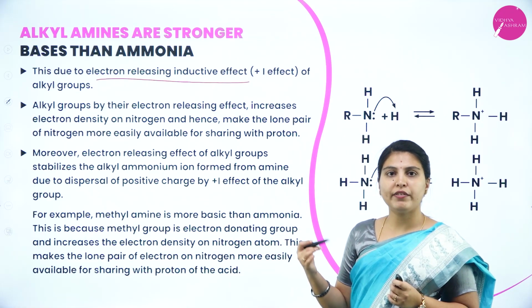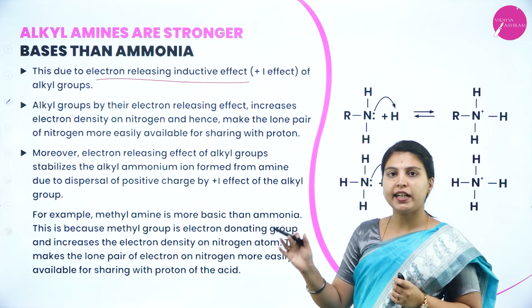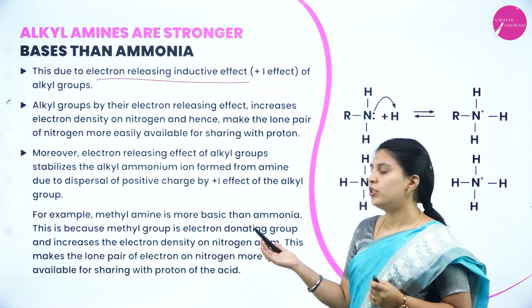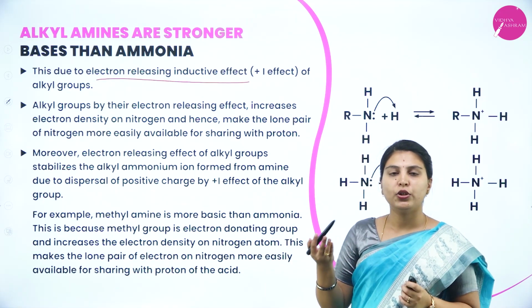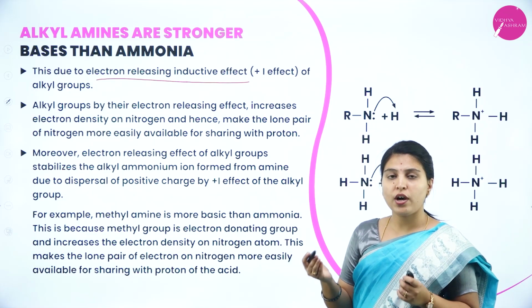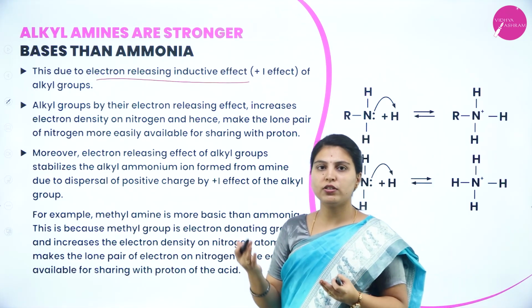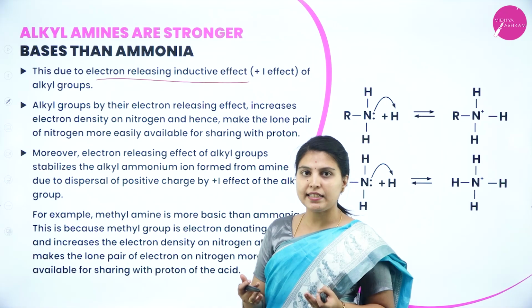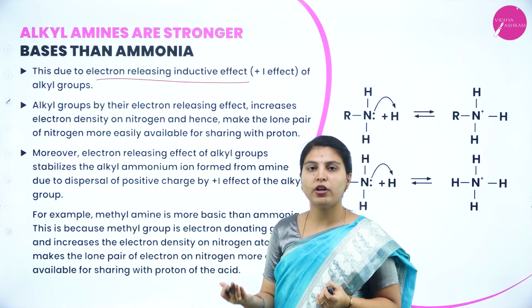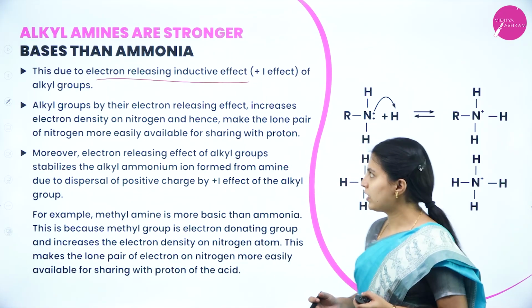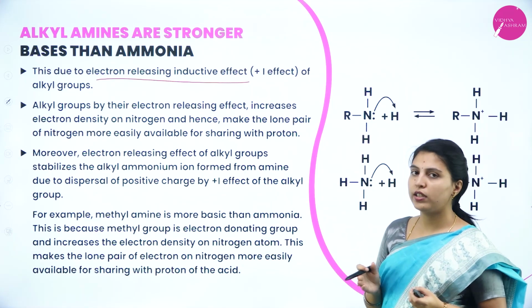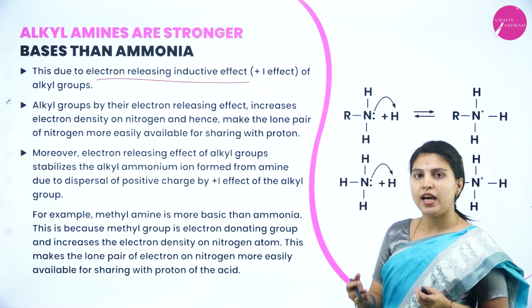Nitrogen already has a lone pair, and the methyl attached to the nitrogen will also donate electrons to the nitrogen itself. So the availability of the lone pair of electrons on nitrogen will be easy for the reaction with the proton of the acid. That's why alkyl amines are stronger bases than ammonia.